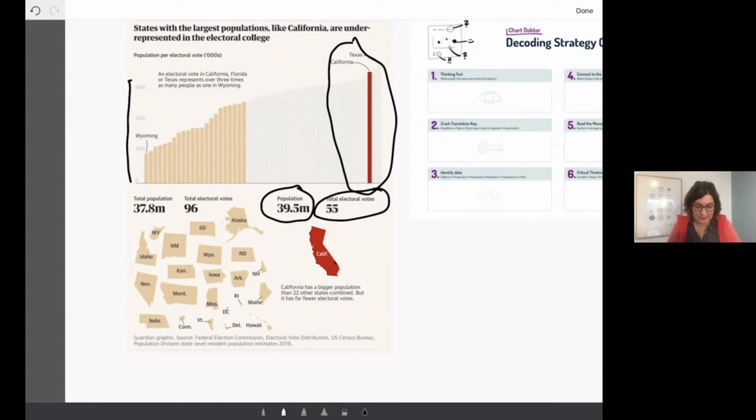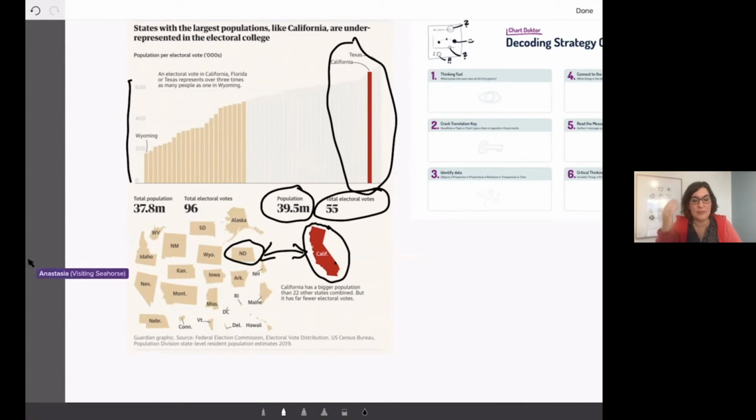And then what's really confusing is that they show the states with their area size in comparison, and not with their population size. So I thought it was about population size, though I also thought this was confusing and maybe a little bit difficult to read. And also, what's the message?